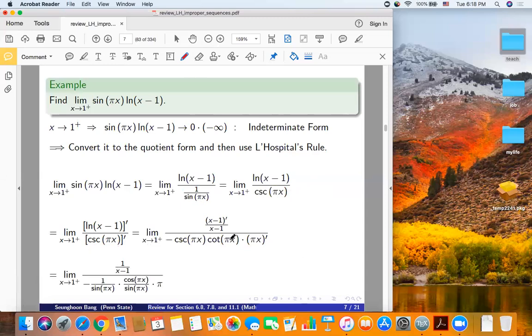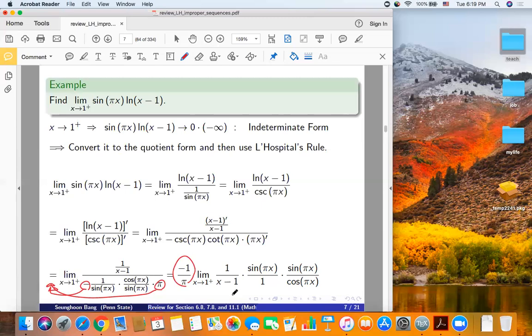So simplify. The derivative of x minus 1 is 1. Here, the derivative of pi x is just pi. You can change cosecant pi x to 1 over sine pi x. Cotangent pi x is cosine over sine. And combine the minus 1 over pi. You can take out negative 1 and take out pi, exactly, minus 1 over pi.